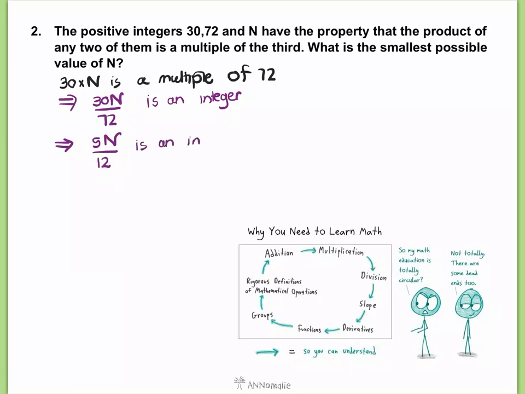And we can do the exact same thing by saying that 72 times n is a multiple of 30. Therefore, 72n divided by 30 is an integer.